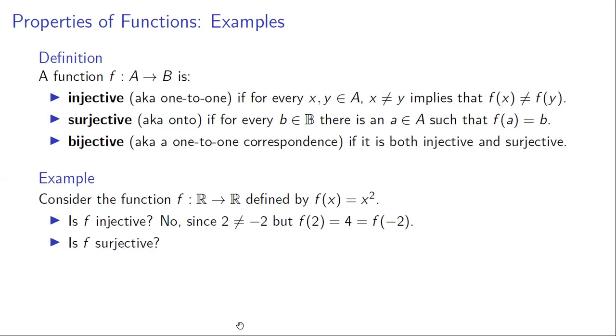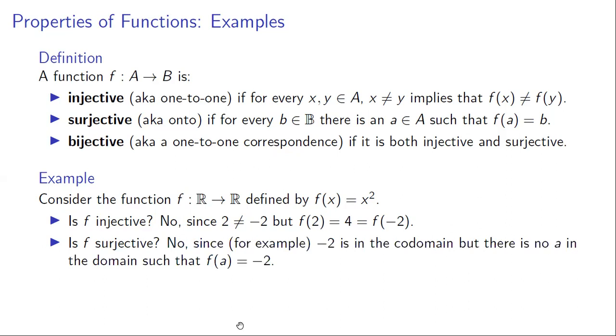Is f surjective? In other words, is it possible to reach every element of the codomain? No. And there are many examples you can give here, but for example, -2 is in the codomain, but there is no little a in the domain such that f of a is equal to -2, meaning there's no way to get x squared to be -2.